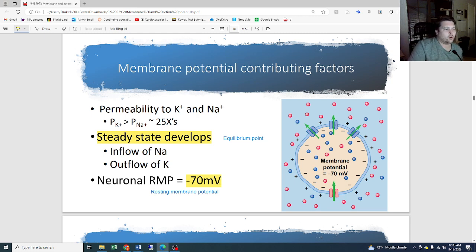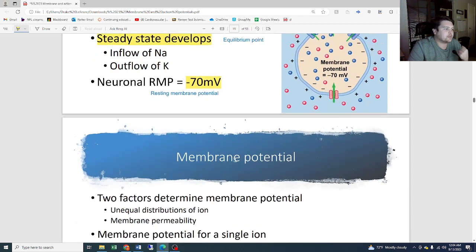You'll want to keep these straight, because sometimes we'll get graphs and different charts. And while the depolarizing and hyperpolarizing is similar between these, if you're given a graph that shows you exactly how negative the resting membrane potential is, that will help you determine what kind of cell you're actually looking at.